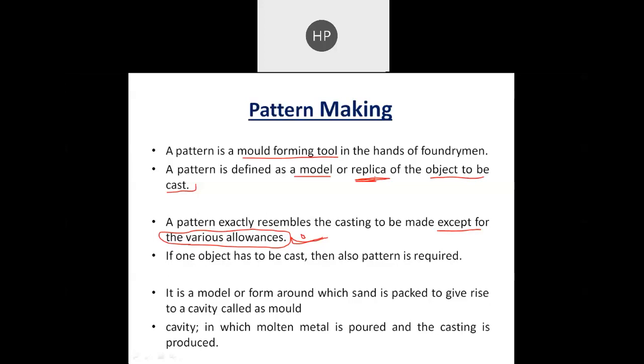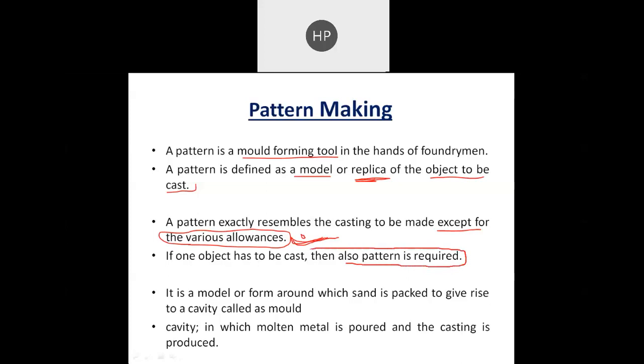So when there is a model or replica, it has a certain shape and dimension change from the main object, because it has certain allowances. During the casting process, what the allowances should be, we are going to see in detail. If an object has to be cast, then a pattern is required. This is important.